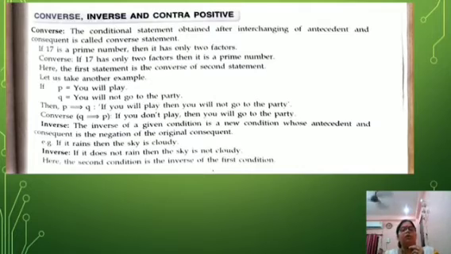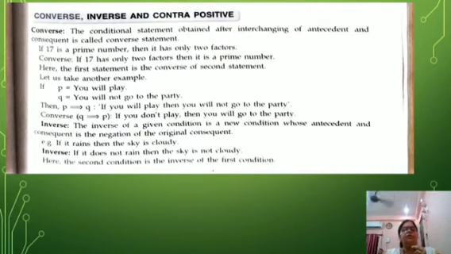Okay, now converse. The conditional statement obtained after interchanging the antecedent and consequent is called the converse statement. For example, if 17 is a prime number, then it has only two factors. So the converse: if 17 has only two factors, then it is a prime number.